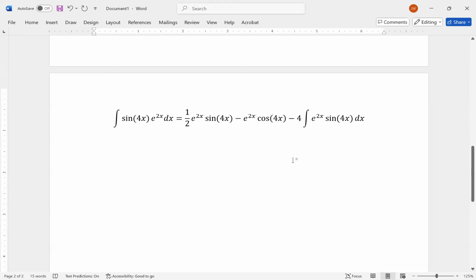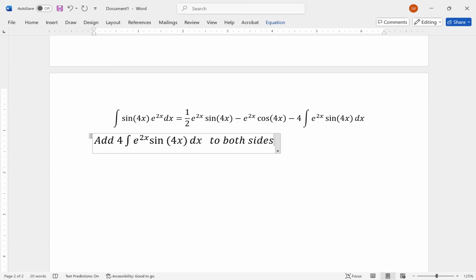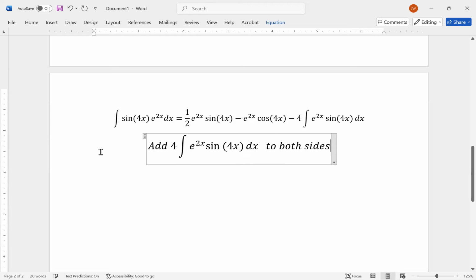So what I'm going to do is add 4 times that integration to both sides. So I add 4 times the integration of e to the 2x sine 4x dx to both sides.